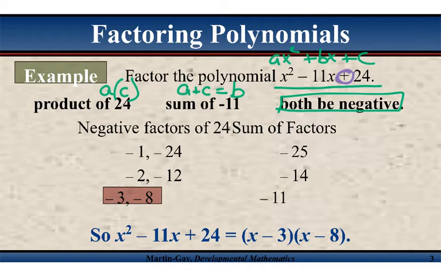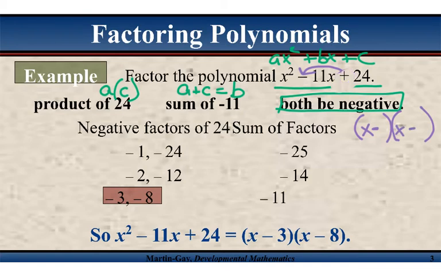I'm always looking at the last symbol, the mathematical symbol. This is a positive. So I know both of my factors are going to be the same. How do I know what they are? I look to the sign in front of it. This is negative. So I know I'm going to have an x minus and an x minus.